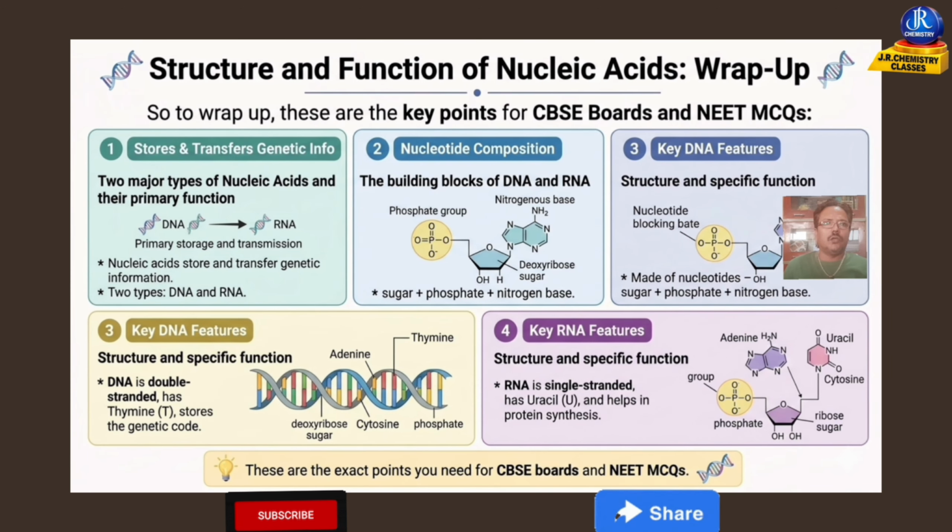That's it. So, to wrap up, nucleic acids store and transfer genetic info, two types DNA and RNA. They are made of nucleotides: sugar, phosphate, nitrogen base.